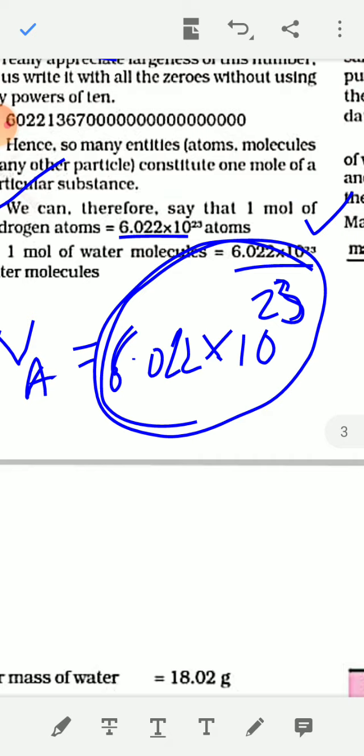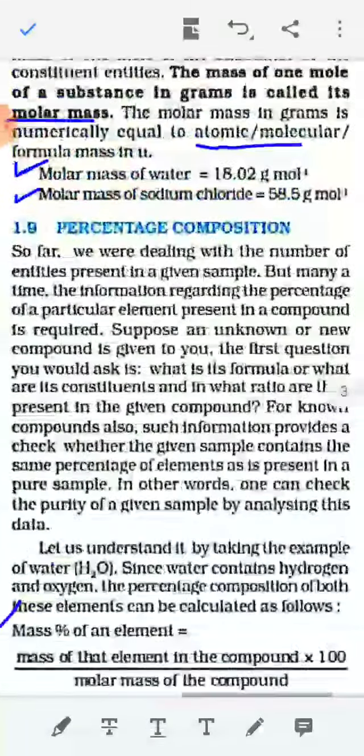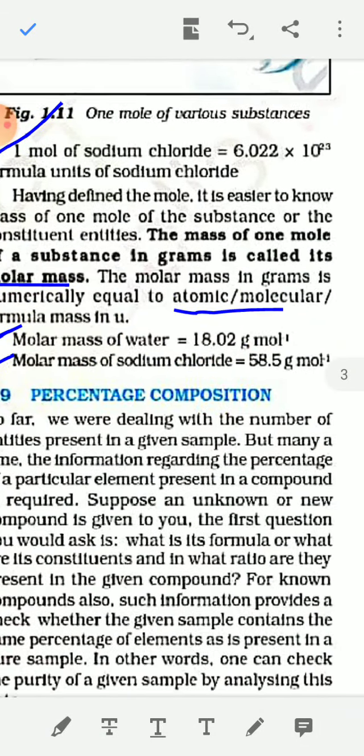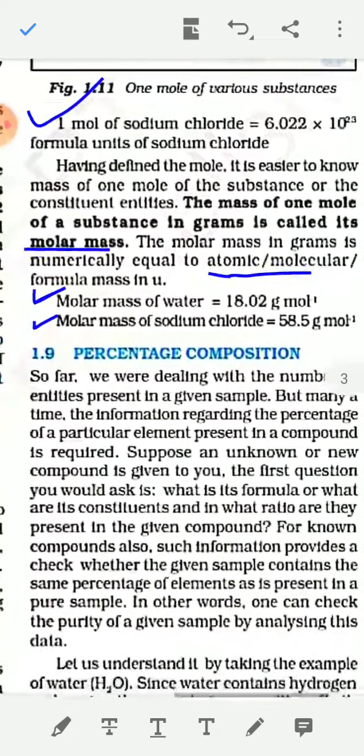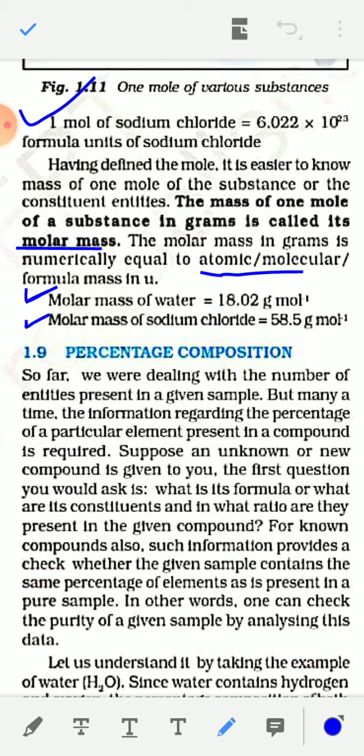Avogadro's number or Avogadro's constant means 6.022 into 10 to the 23. So the amount of substance which contains Avogadro's number of particles is known as 1 mole of substance. For example, 1 mole of sodium chloride means 6.022 into 10 to the 23 formula units of sodium chloride.